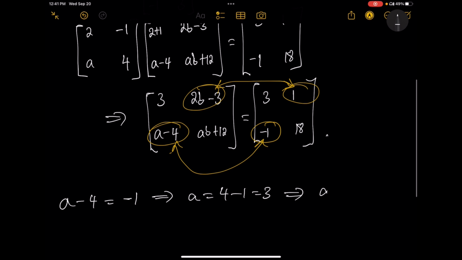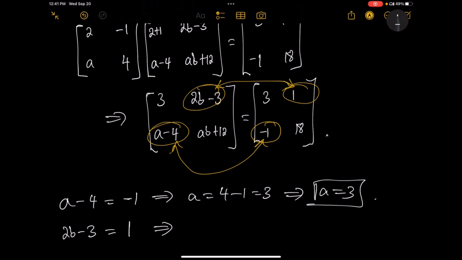We have found A. And 2B minus 3 is 1, which implies that 2B is 4, so B is 4 over 2, which is 2. So A is 3 and B is 2.